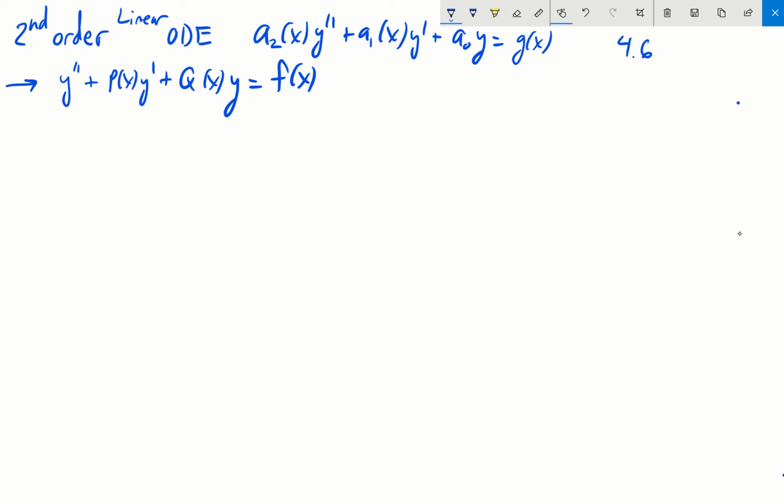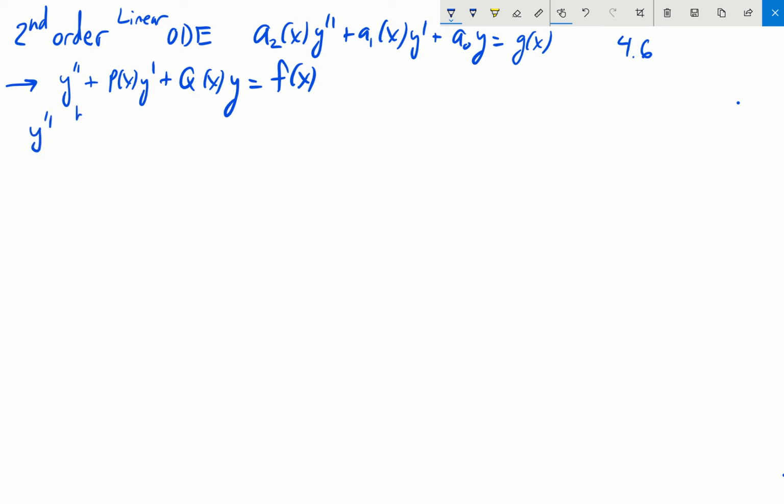So we're able to write our second order linear ODE in the following form: y double prime plus p of x y prime plus q of x y equals f of x. From what we learned in section 4.3, we can very easily solve this for the homogeneous differential equation.